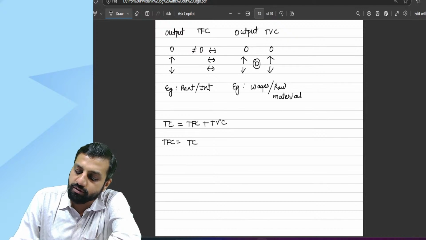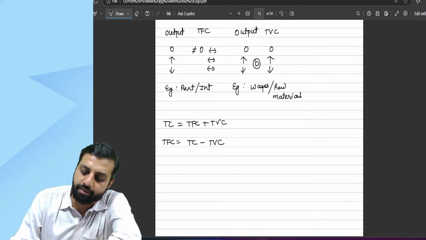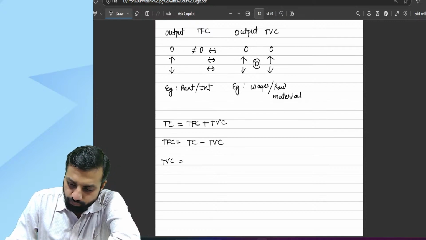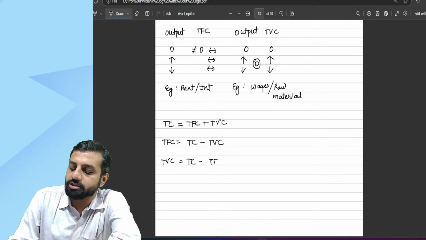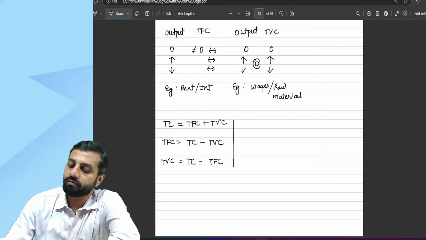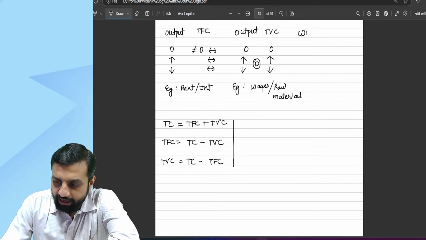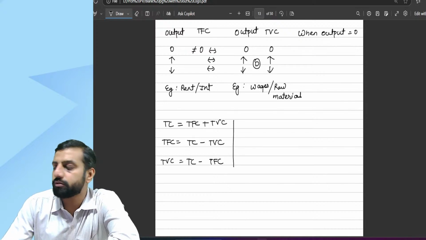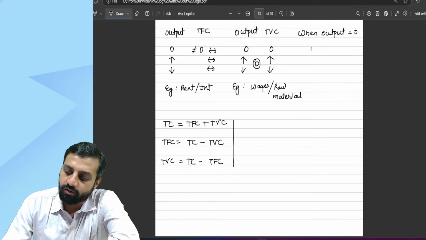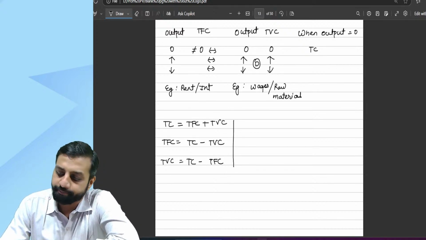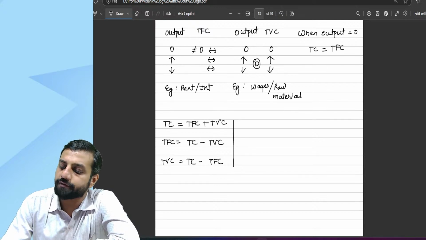Total fixed cost is equal to total cost minus total variable cost. Total variable cost is equal to total cost minus total fixed cost. Now we say when output is equal to 0, total cost, absolutely correct Surya, is equal to total fixed cost.